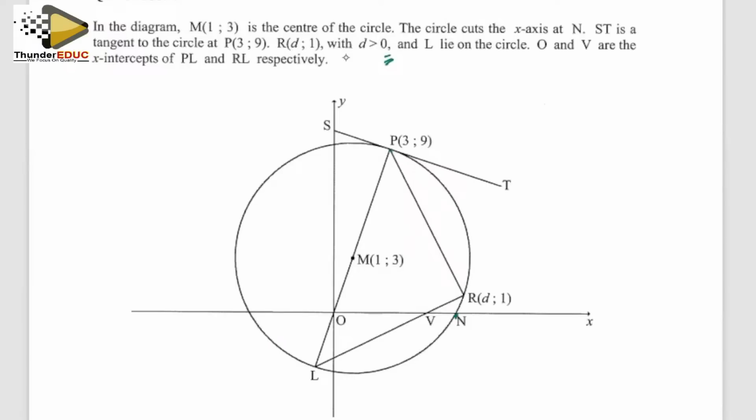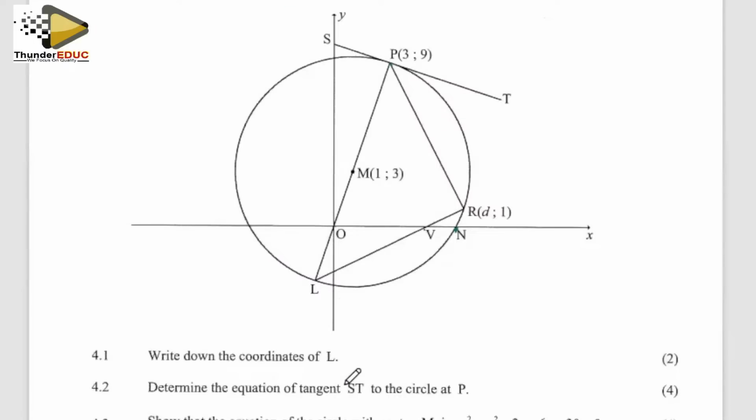L lies on the circle. O and V are x-intercepts. PL and RL are drawn. And they want us to get the coordinates of L.